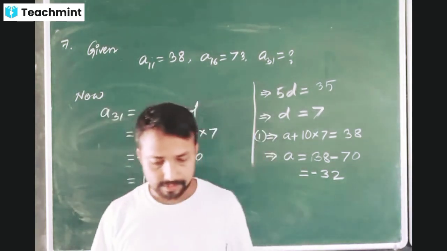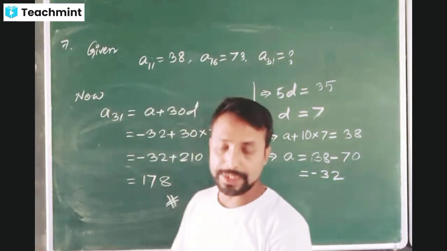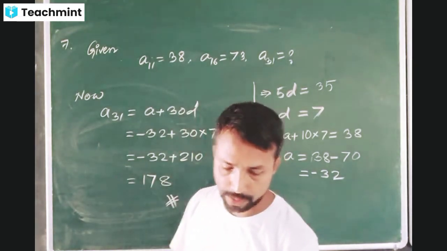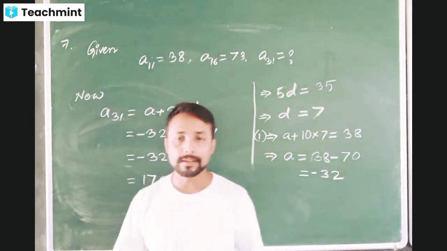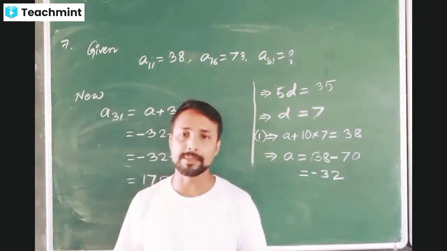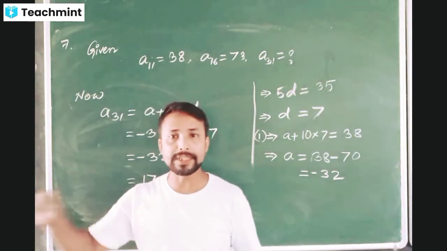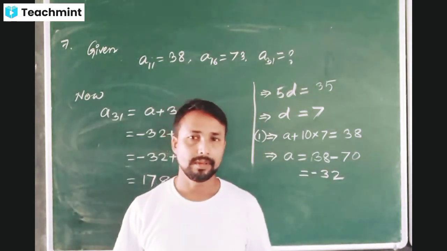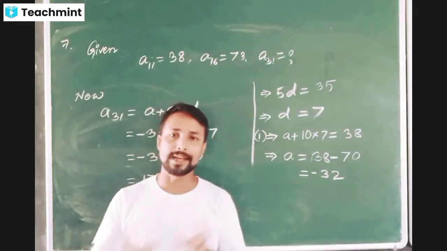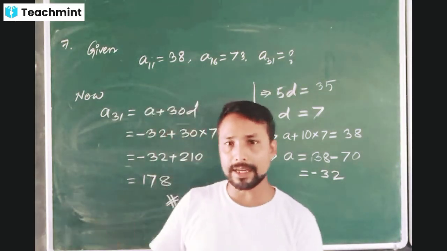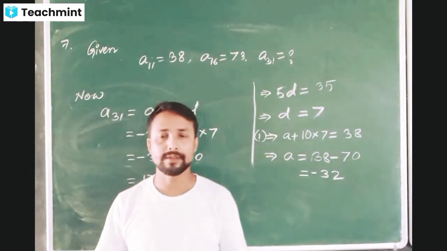An AP consists of 50 terms, whose third term is 12 and last term is 106. The third term is given and the last term is given. Last term means the 50th term.